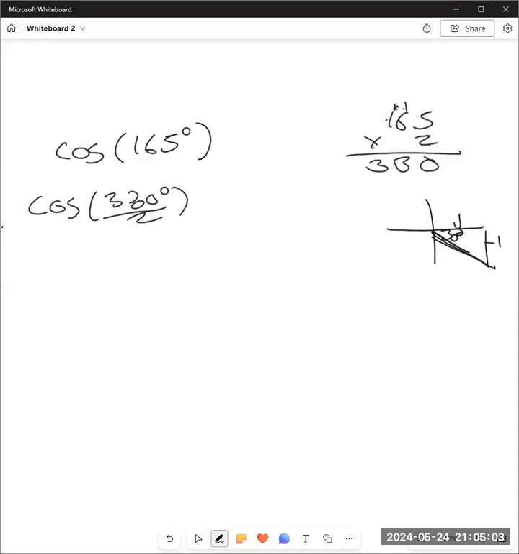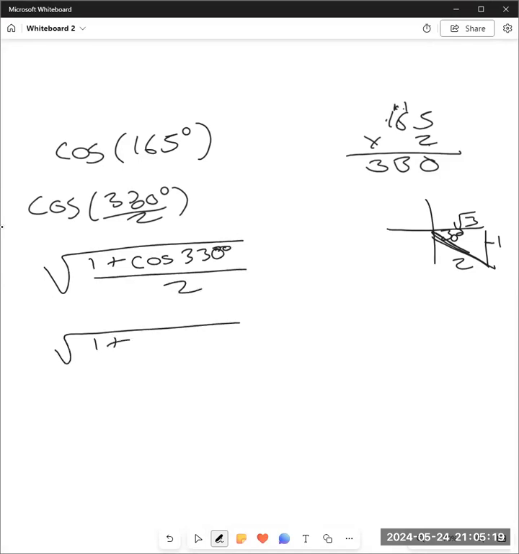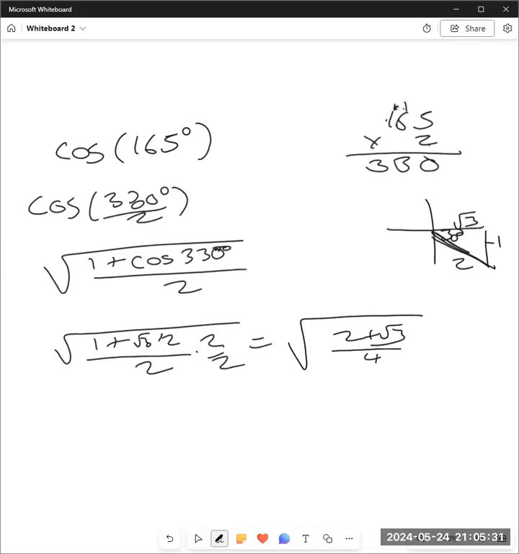That's a positive root 3 over 2 situation. So this is going to be square root of 1 plus cosine of 330 degrees, all divided by 2. The cosine of 330 is root 3 over 2. Going to multiply here by 2 over 2, giving 2 plus root 3 and then over 4. And we're going to split that square root top and bottom like so.